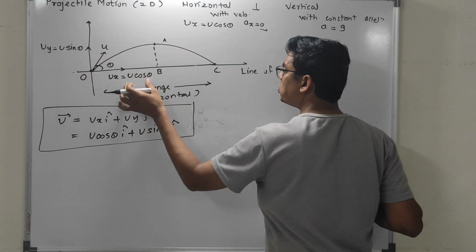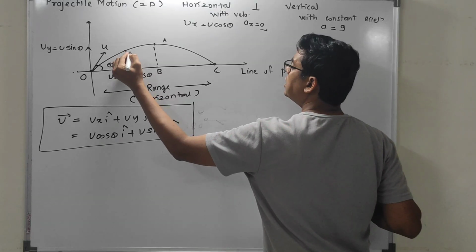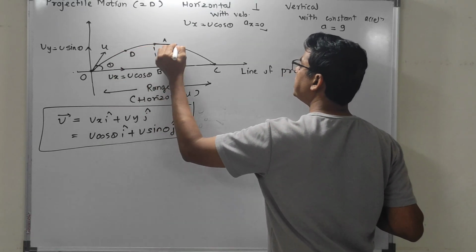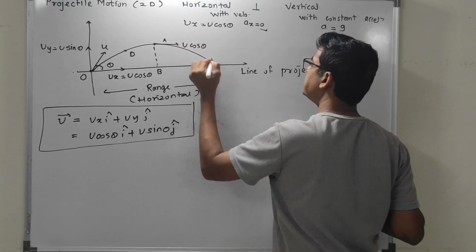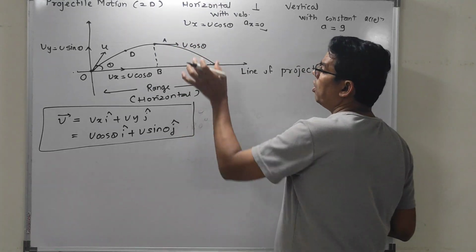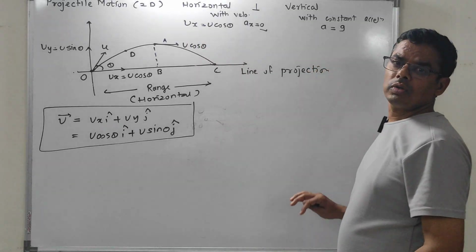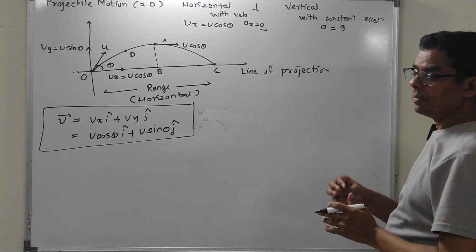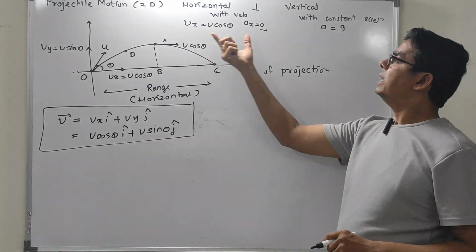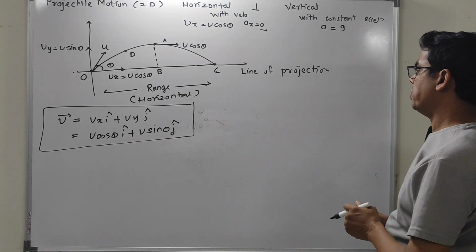At point O it is U cos theta, at point D it is U cos theta, at point A it is U cos theta, at point C again it is U cos theta. So at every point the horizontal component of velocity is U cos theta and its acceleration is always 0.